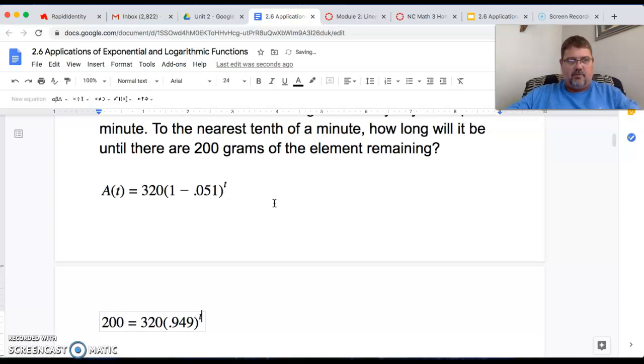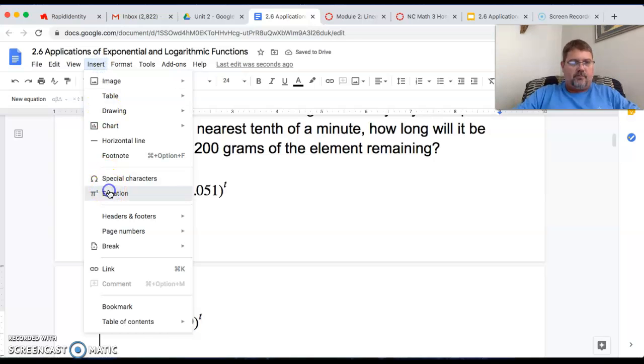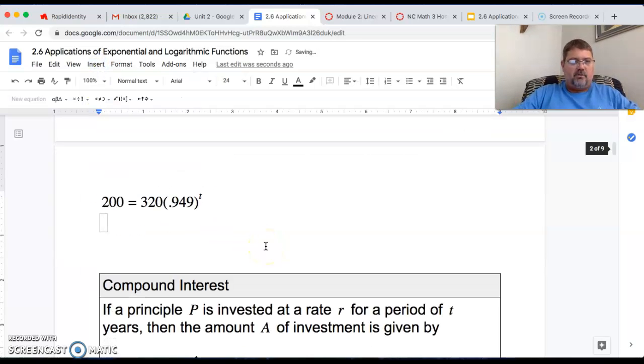The very first move is isolating the exponential expression. You'd have to divide both sides by 320, right? And when you do that, I'm going to write it again down here. We divide both sides by 320, reduce the fraction, or leave it as a decimal. We get 0.625.